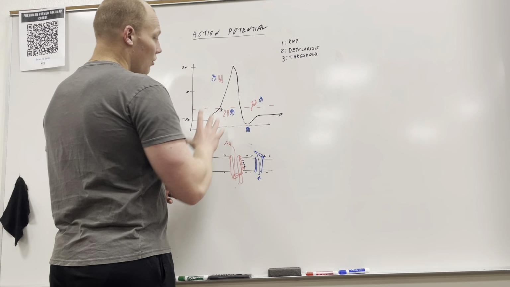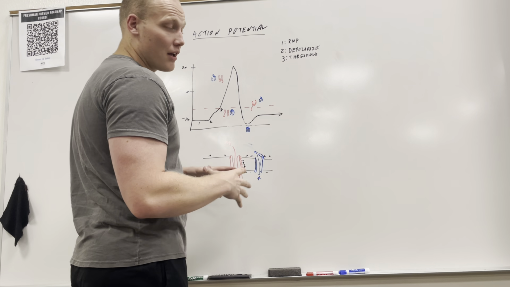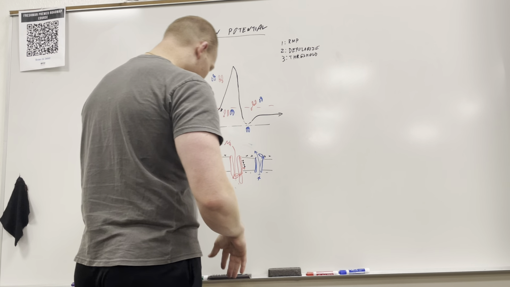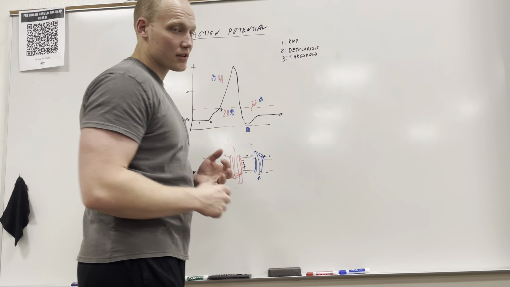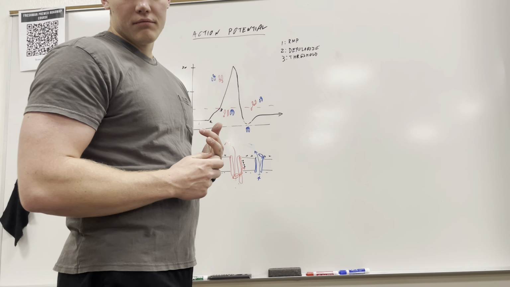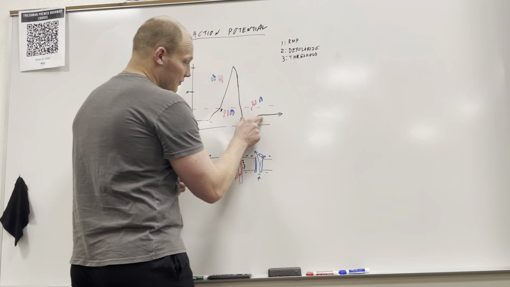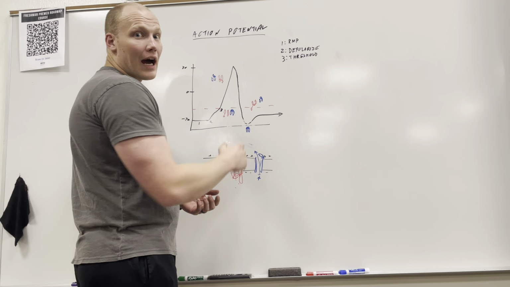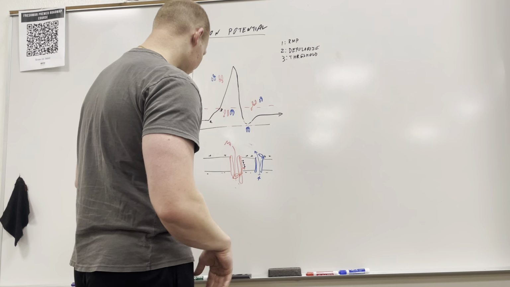During this time, we can't propagate another action potential. Doesn't matter how big the stimulus is, what we add to it, we cannot send another action potential at this point. However, down here where we are hyperpolarized, this is what is called the relative refractory period. At relative refractory period, we can send another action potential because we're below threshold. However, it takes a larger stimulus to send that action potential.